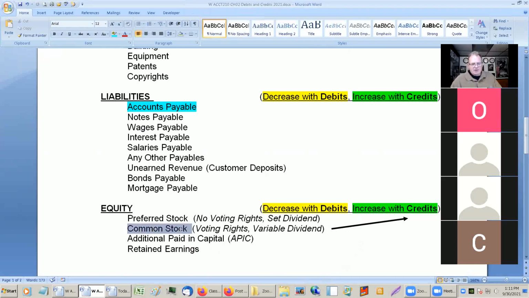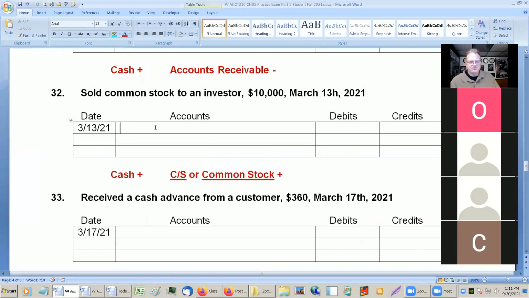Every company has common stock. Preferred stock is kind of a wacky one. So it'll be a cash debit, and CS, common stock, is the equity account.